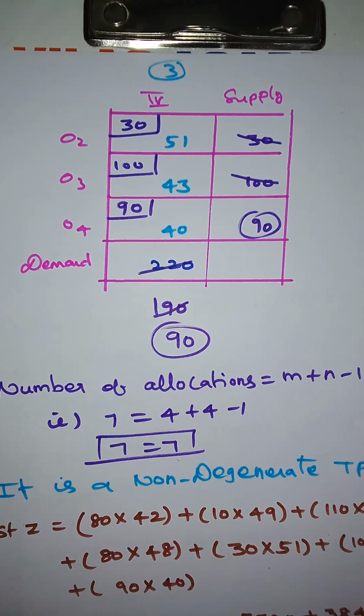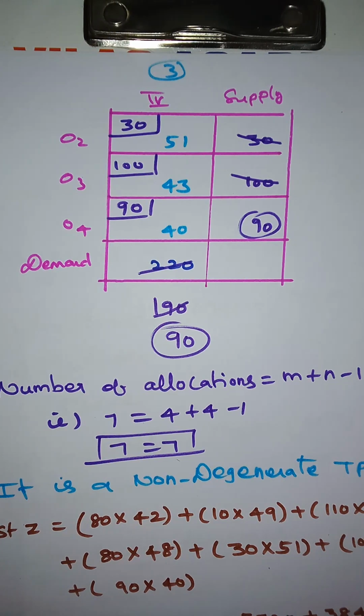Now I am going to start with corner cell 51. On the supply side 30, on the other side 220. Allocate the 30, then the demand is reduced by 30, so 220 becomes 190. Now the second row is cancelled.